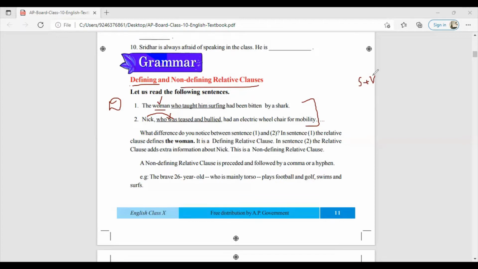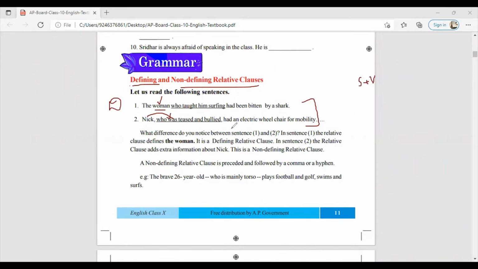If you don't have a complete sense, it is a dependent clause. Mainly if you see here, who taught him surfing? Taught is a verb, and who is the subject here. You can see subject plus verb agreement is there and it does not have a complete sense. So this is a dependent clause.